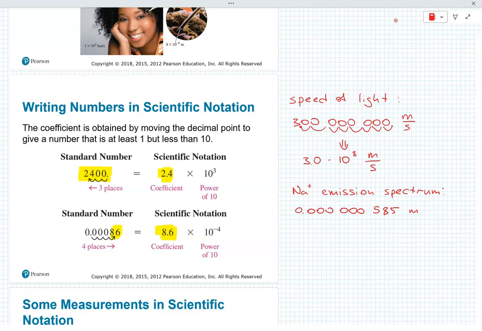Make sense? So, 1, 2, 3, 4, 5, 6, 7. Not 8, just 7. Okay, good. So what we get out of this is 5.85. How many steps? 7, but to the right, so it's got to be negative. Okay? Awesome.